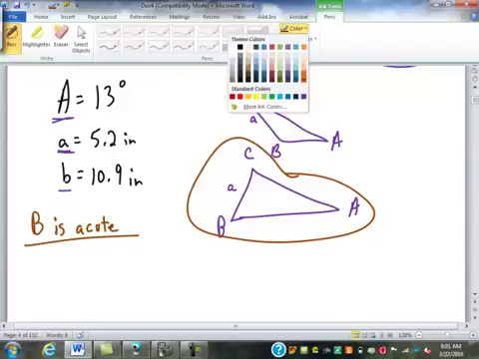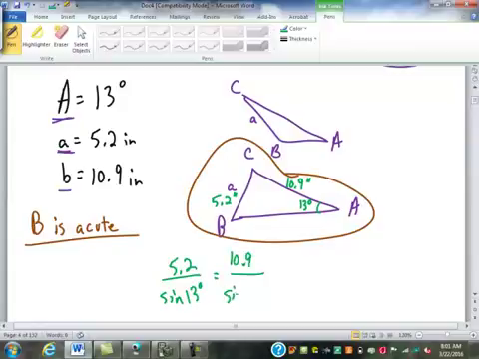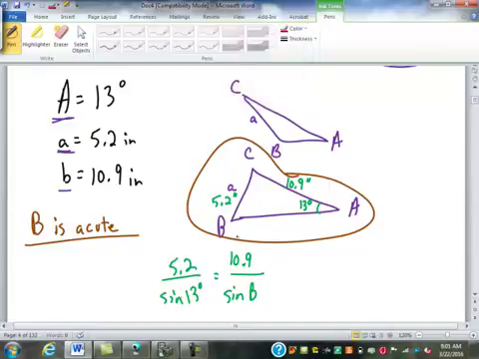I'm going to put some information in here: 13 degrees, 5.2 inches, 10.9 inches. So we have 5.2 over the sine of 13 degrees equals 10.9 over the sine of angle B. So we will cross multiply and divide.